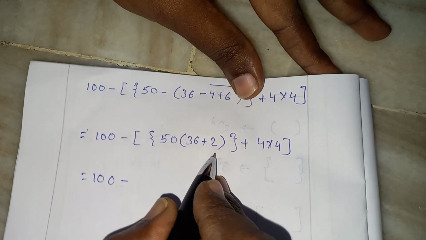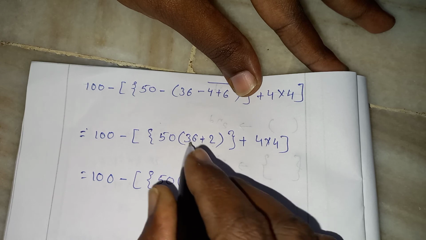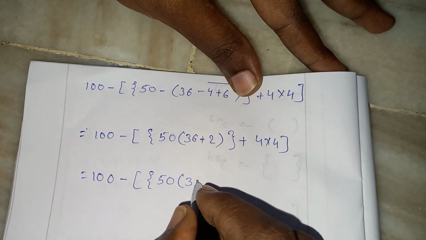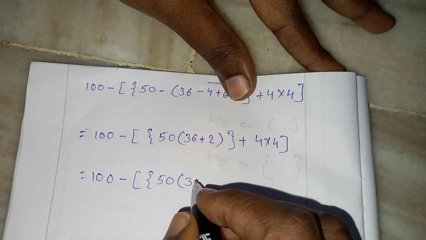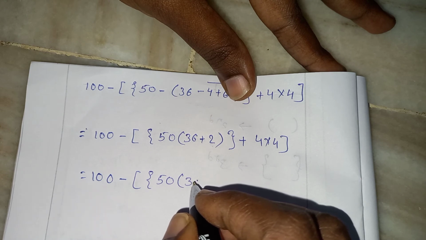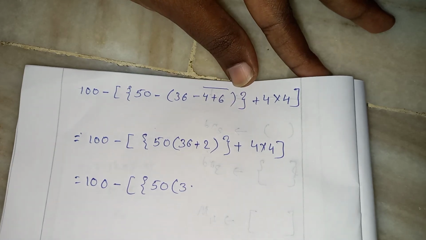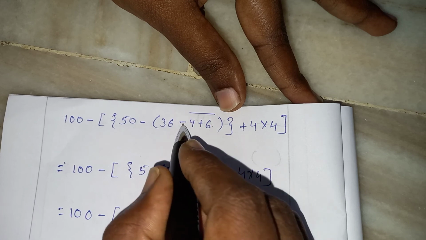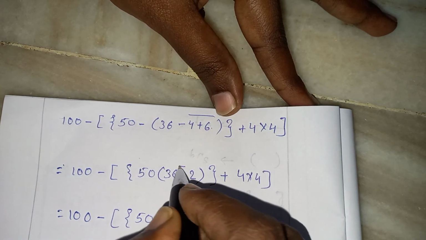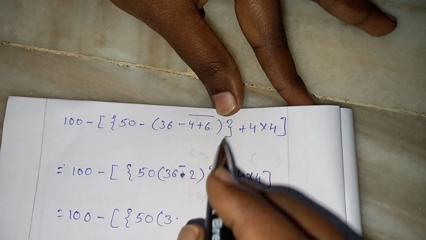Simple brackets have the next priority, no? 36 plus 2, 38. I'm so sorry, dear. Here 4 plus 6, right? We have to do not this subtraction. Subtraction is for 4 and 36.